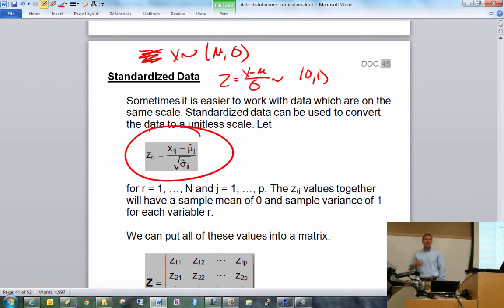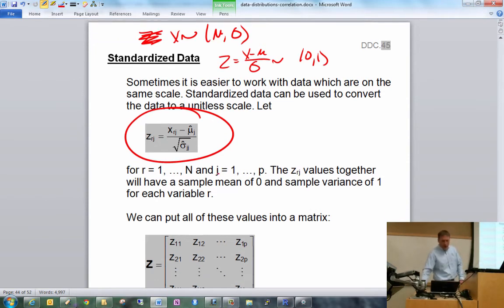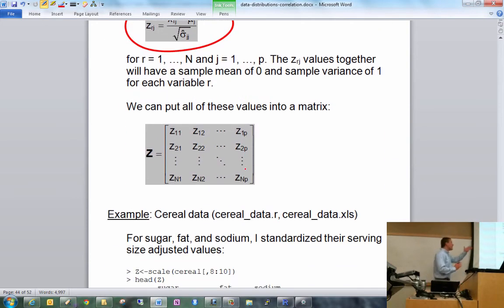We're going to call this z sub rj. We could put all these z's into a matrix. Remember, we had this x matrix, this data matrix that we had before. We can put this all into a matrix of z's instead and call that matrix Z.